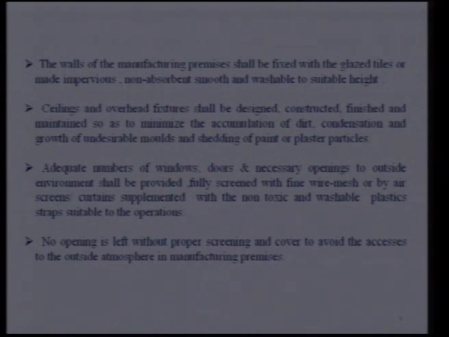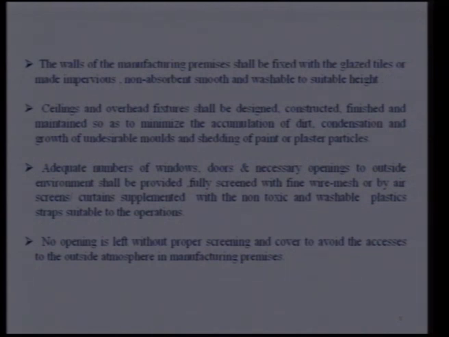The walls of the processing hall should be properly laid with stone or tiles, or properly whitewashed, and if possible at least up to a height of 5 feet should be tiled or painted to make it impervious, that is, washable, because for some products like fruits and vegetables there is a lot of dust during unit operations like pulping and cooking. So this material adheres to the wall. So at least 5 to 6 feet height of wall should be tiled or oil painted.